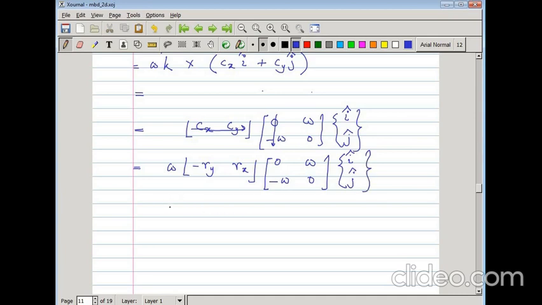So the two cross products are expressed in different ways, but this is what we get finally. And you know that this is SR and this is the omega matrix.